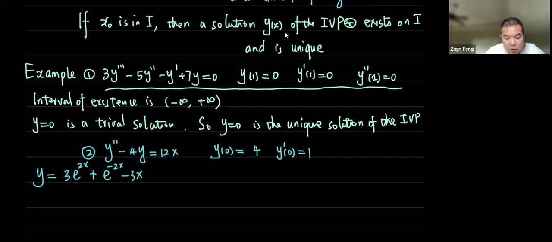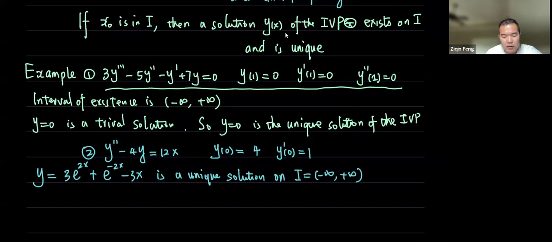And because all the coefficients and also the function on the right side are continuous everywhere, after you verify this is a solution, this is the unique solution on the interval I from negative infinity to positive infinity, right?